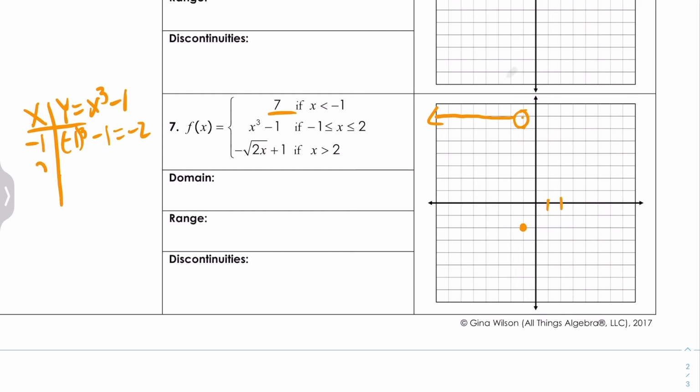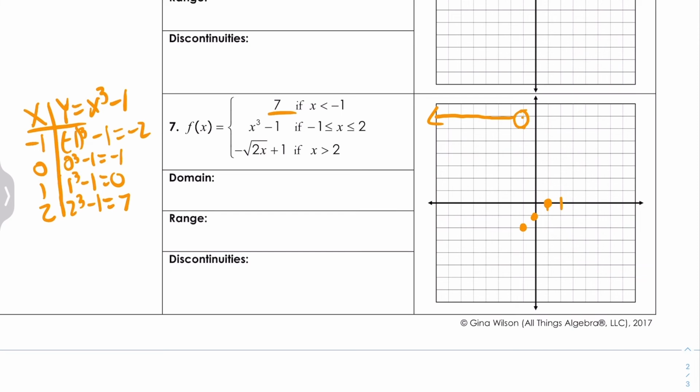So let's just plug in a couple more numbers until we get to 2. 0 cubed minus 1 is -1. 1 cubed minus 1 equals 0. 2 cubed minus 1 equals 7. So I need to go with -1, a 0, and 2 goes with 7.